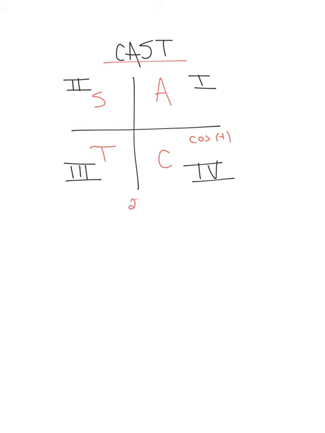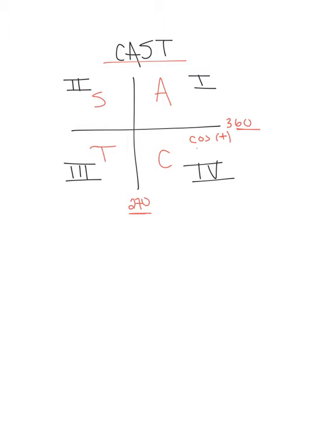So we know that this is 270 degrees to 360 degrees. So if you did cos of 271, cos of 280, cos of 300, cos of 350, cos of 359, cos of any number between 270 and 360, you will get a positive number.